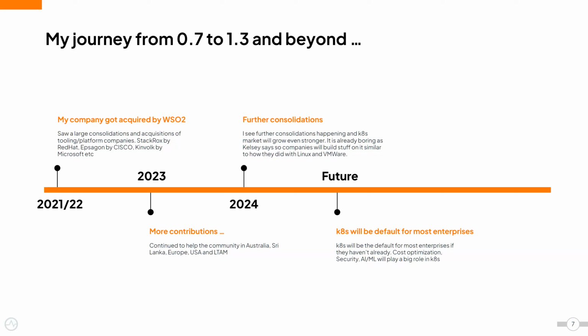I feel like it has already become the default for most enterprises. A lot of the customers we talk to want to run VMs, and I ask the question why. I think it's for the same reason that overuse happens in the cloud: you have one or two applications in a VM.